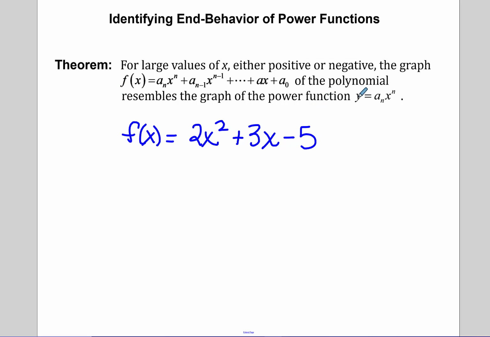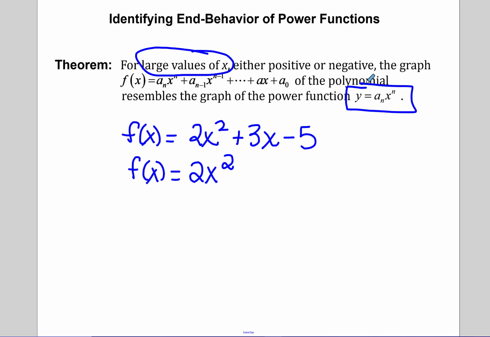At very, very large values of x, we could consider that function by just considering the leading term, or the largest powered term, as the behavior for the graph. This is called an end behavior model for very large x's.